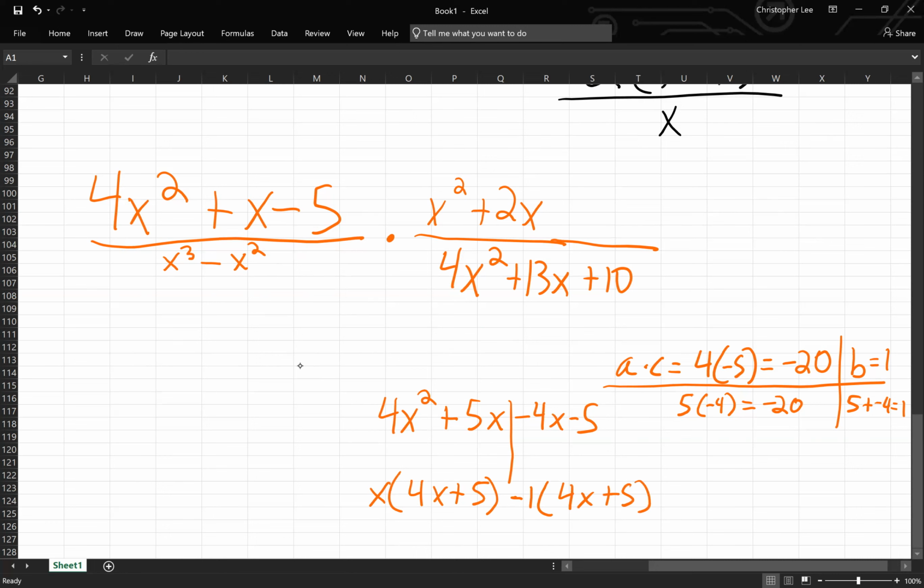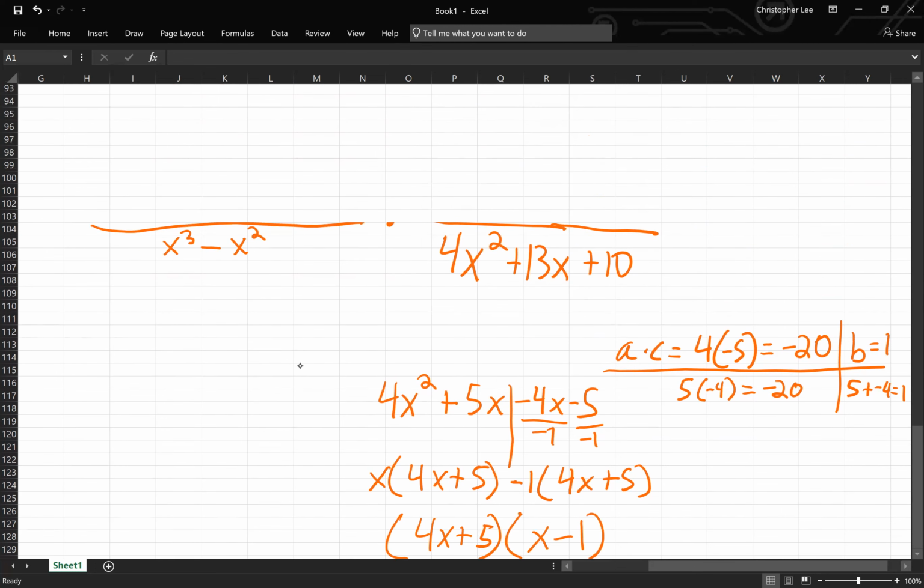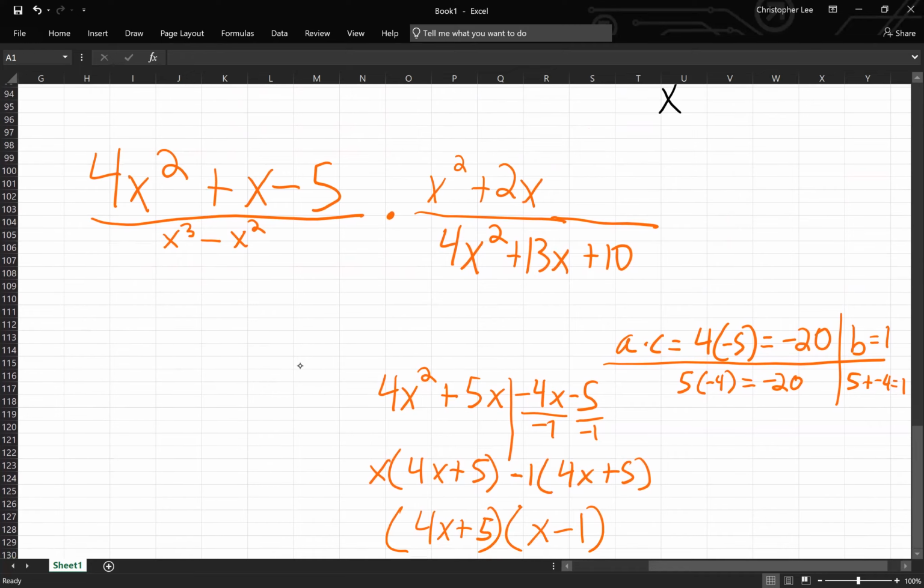There you go. Because remember, it's like you're dividing by negative 1. So now the greatest common factor again is 4x plus 5, and we have the x minus 1 left on the outside, right? So that's the factor of the numerator for this, all right?